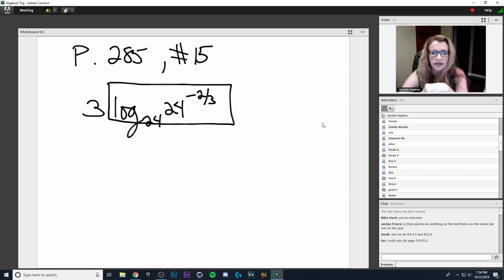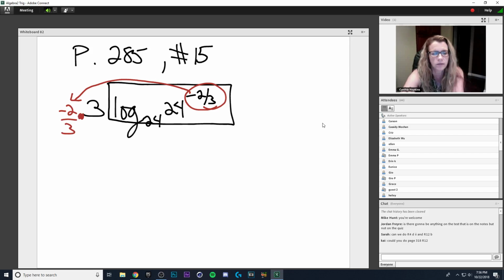Well, look at that, that's exactly what we have. We have log base 24 of 24 to an exponent. That's called a power. So I personally call that the whistle property. I'm going to circle this exponent because it's a log of a power. That exponent becomes a coefficient. So I'm going to put negative 2/3 out here, and it's going to be a factor.